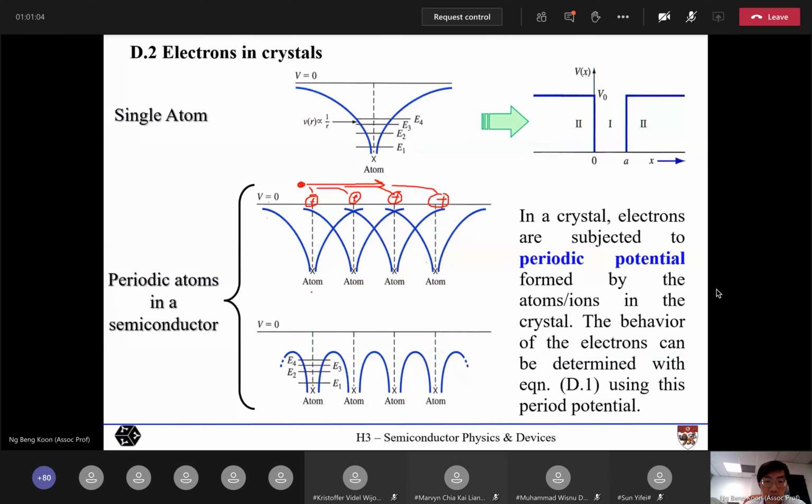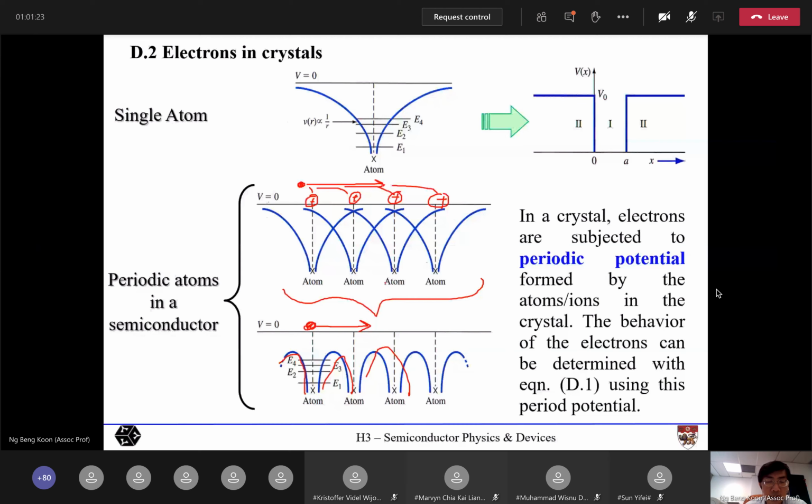So the combined effect of the potential energy of this electron will be the sum of these individual potentials. If you add all this up, then the potential energy that an electron will see when it's in a crystal will be this graph that you see at the bottom here. So if an electron is moving in this semiconductor, it actually would have this potential energy profile.